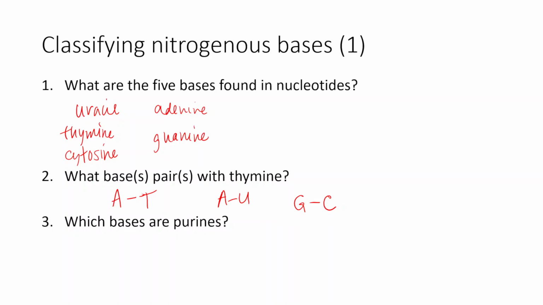So can anybody tell me which ones of those are purines? Exactly, adenine and guanine. And the ones that are not purines, what are those called? Does anyone remember?